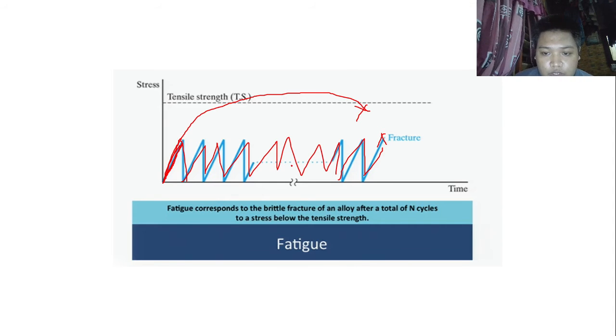So it will determine how much stress a material can withstand.